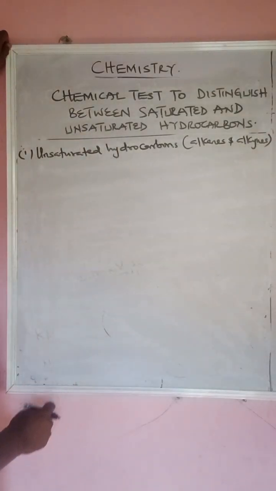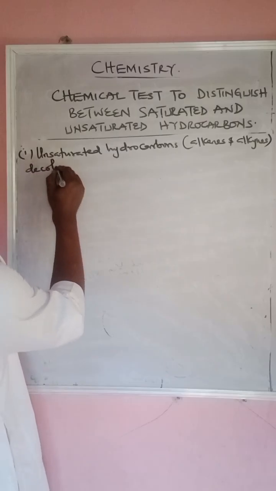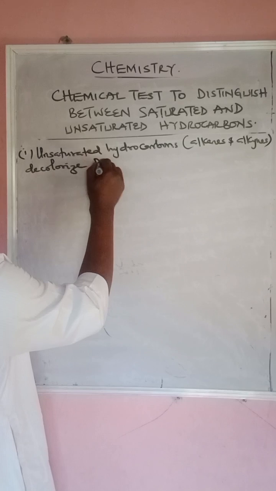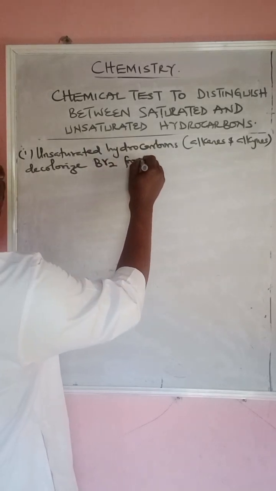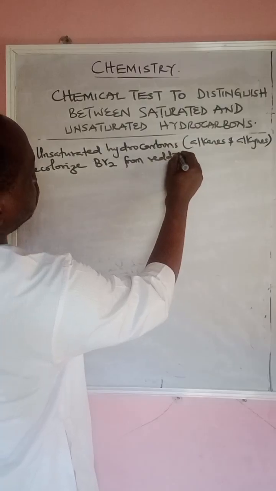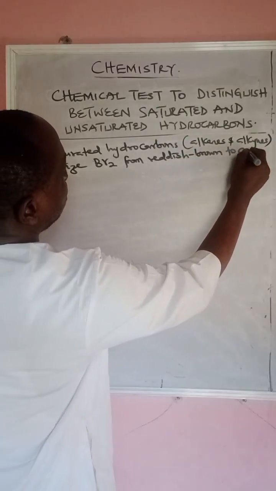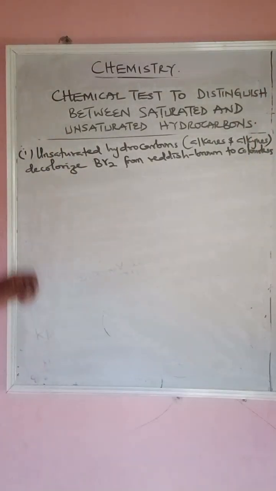Either of the two decolorize bromine gas, Br2 gas, from reddish brown to colorless. That's what they are saying. From reddish brown to colorless.